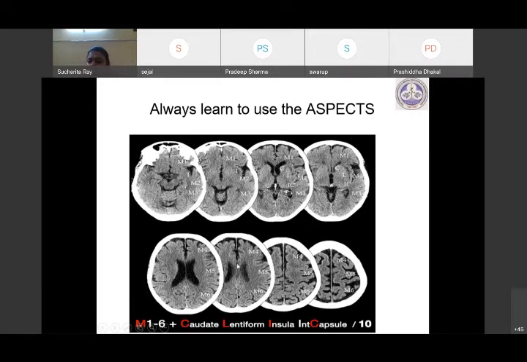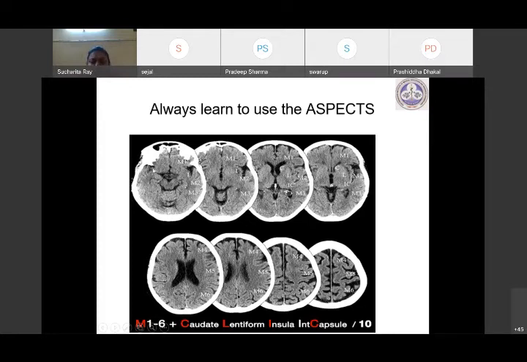You have some cortical numbers, M4, M5, M6. These refer to the cortical divisions of the middle cerebral artery. All of these territories are supplied by the middle cerebral artery. So M4, M5, M6 is the higher cut.